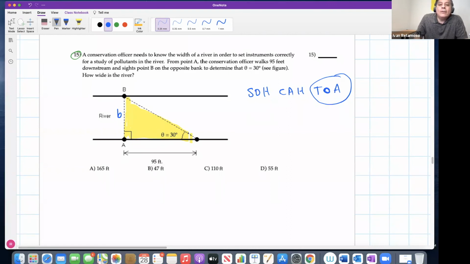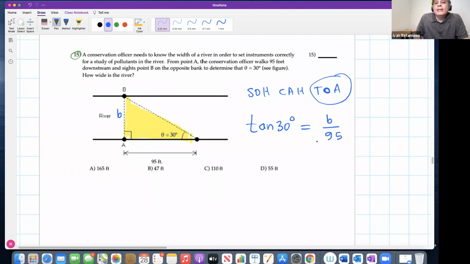I don't have the hypotenuse, so I cannot work with sine, which is opposite over hypotenuse, or cosine, adjacent over hypotenuse. So conveniently choose the trigonometric function. In this case, it happens to be tangent. Tangent of 30 degrees equals B over 95 feet.